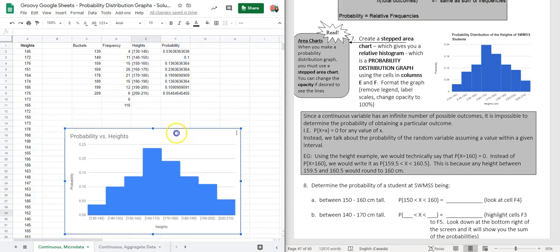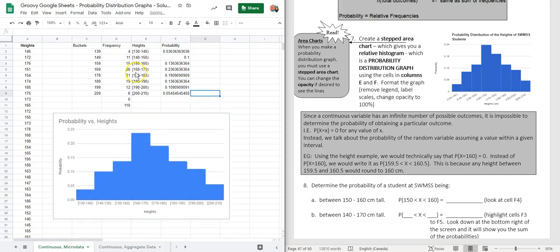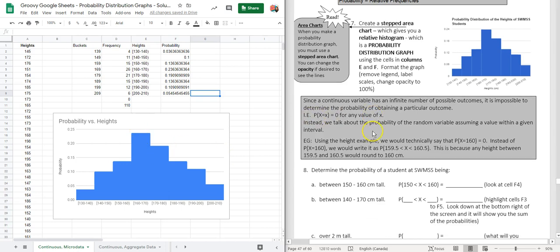So there is your probability distribution graph. If your data starts in microdata, you have to change it to aggregate data and then make the area chart. And in your first summative with the game, your experimental data is going to look like this. So this is how you're going to have to make the graph using this method.